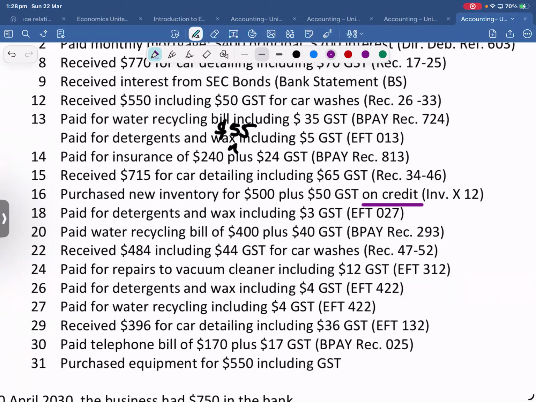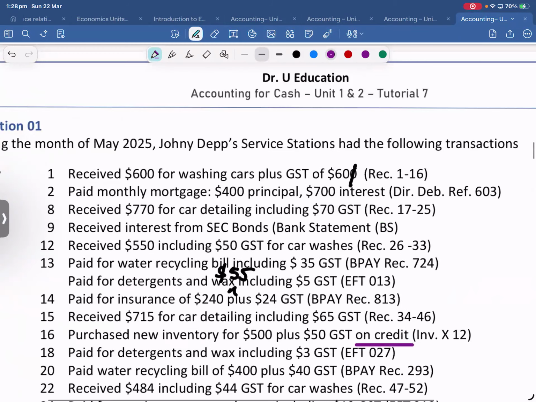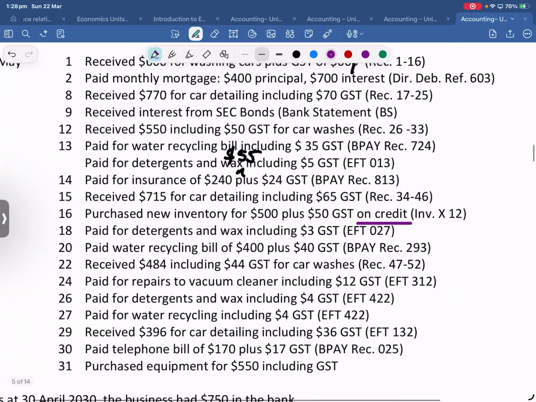So maybe, let's say we purchase, what is this one? New inventory. Let's say we purchase some cleaning items from a cleaning company.